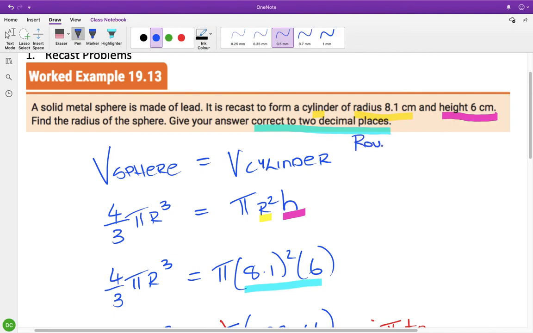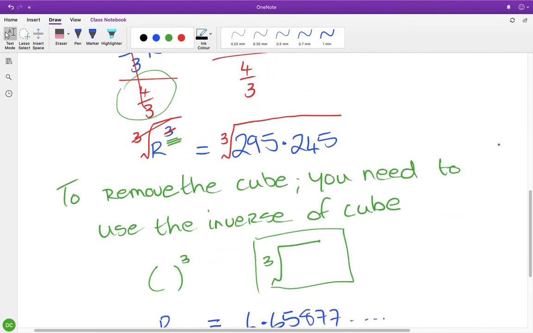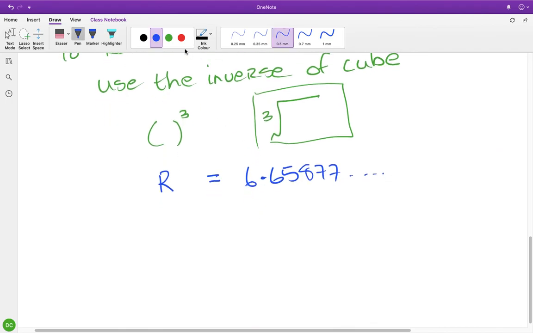So that means round to 2 decimal places. Here's 1, 2, and stop. The 8 is big enough to push this 5 up, so it will not stay as a 5, it will become 6.66 centimeters for the radius of the sphere. I hope that makes sense and helps with the homework.